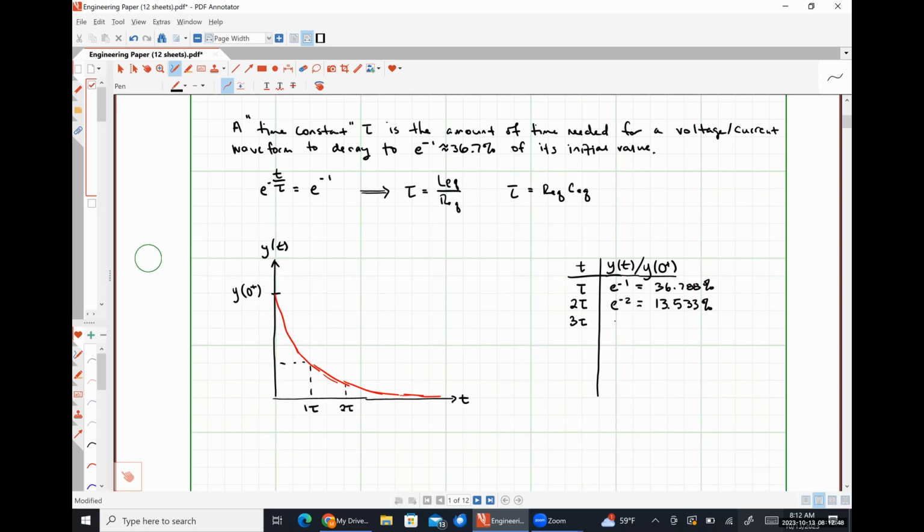At 3 tau, we would be at e to the minus 3. Or 4.979%. At 4 tau, our ratio would look like e to the minus 4.